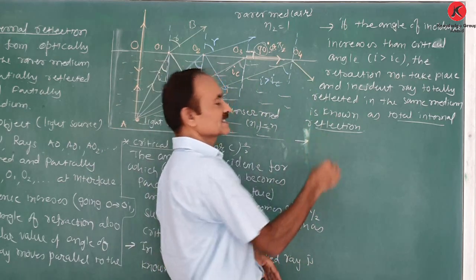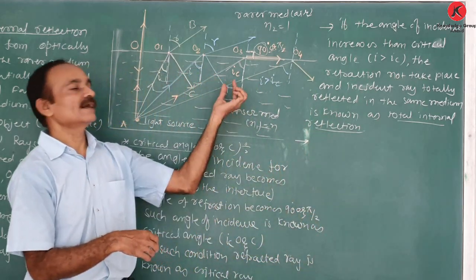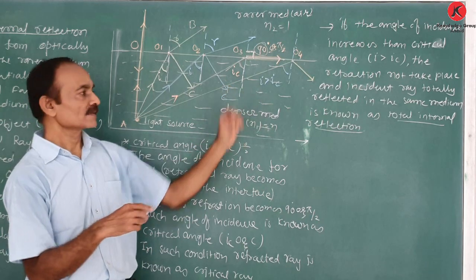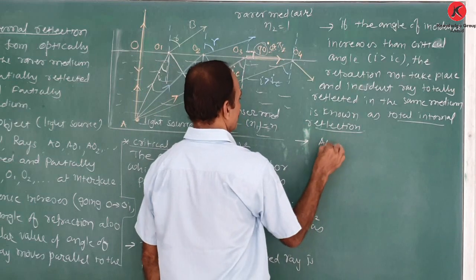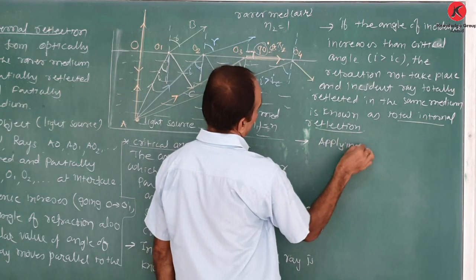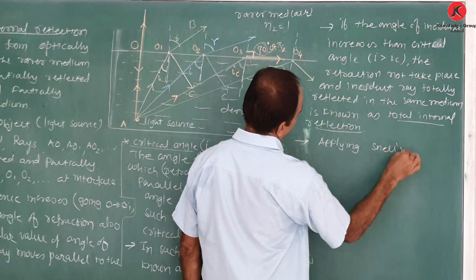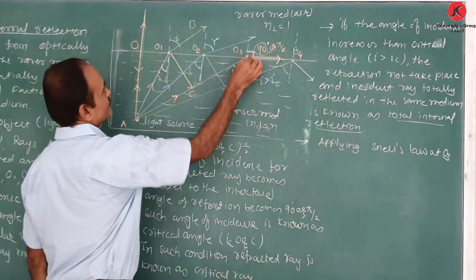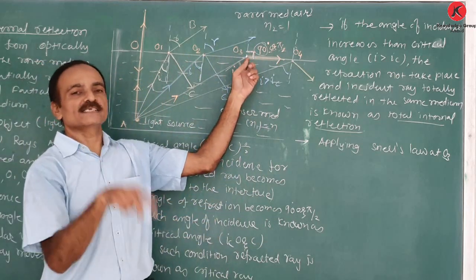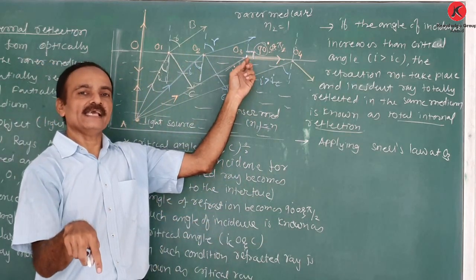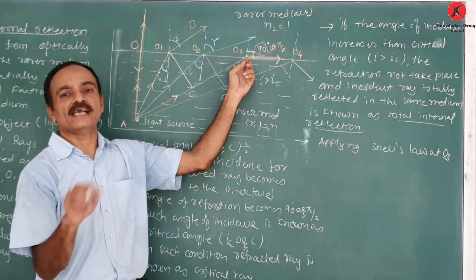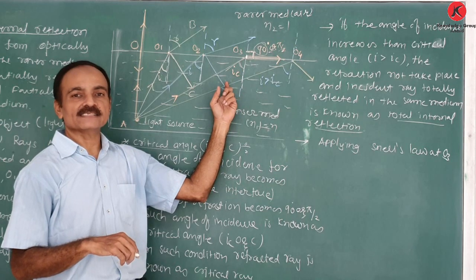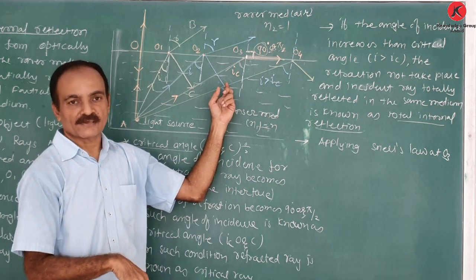Now, on the basis of this, we are going to get the relation between the critical angle and the refractive index of the material. So, applying Snell's law at the O3 point, this point. Snell's law is that N1 sine I is equal to N2 sine R. N1 means the medium in which the angle of incidence is taken, the refractive index of this medium is N1.